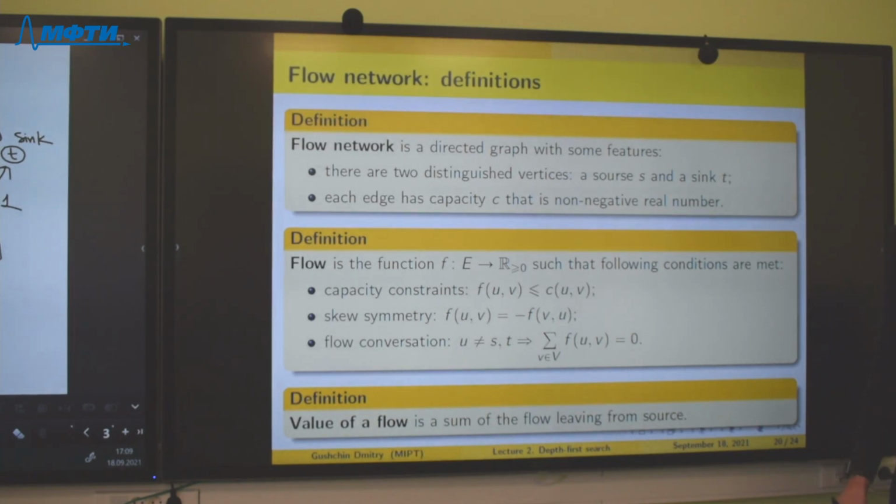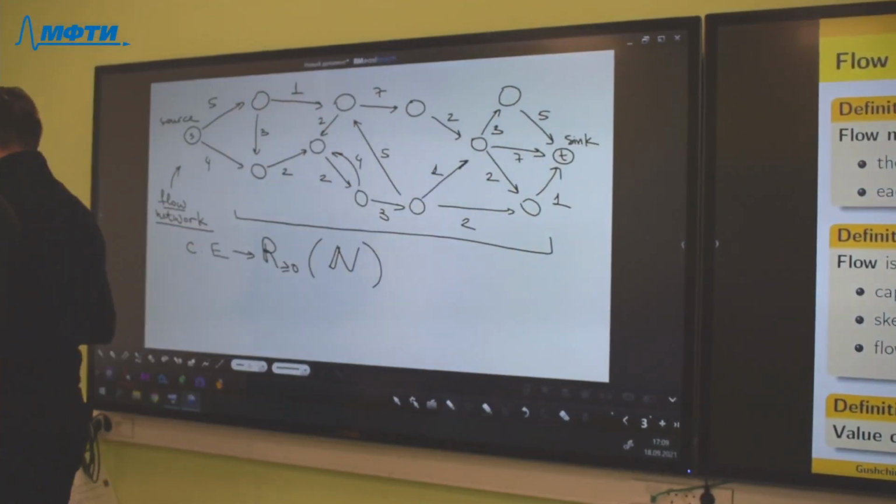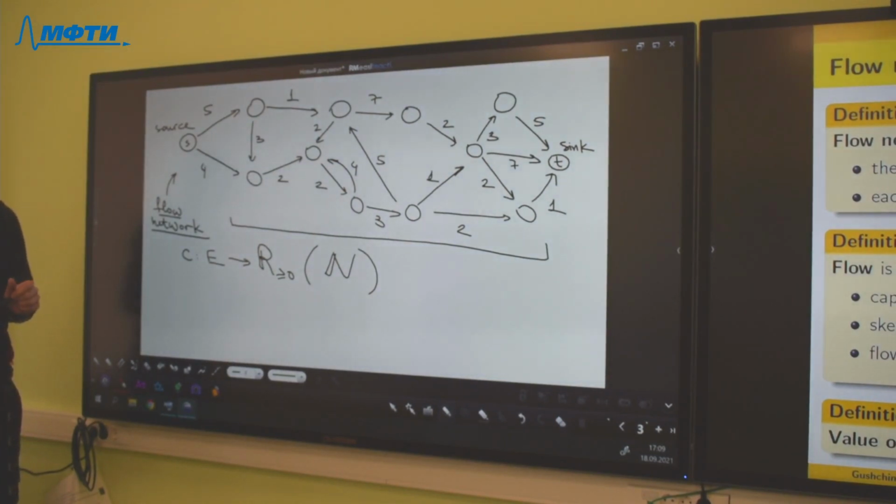It's understandable. For example, you can understand a flow network as a transport network, or you can represent the vertices as cities and edges as roads between cities, with the constraints of the roads of your country, for example.